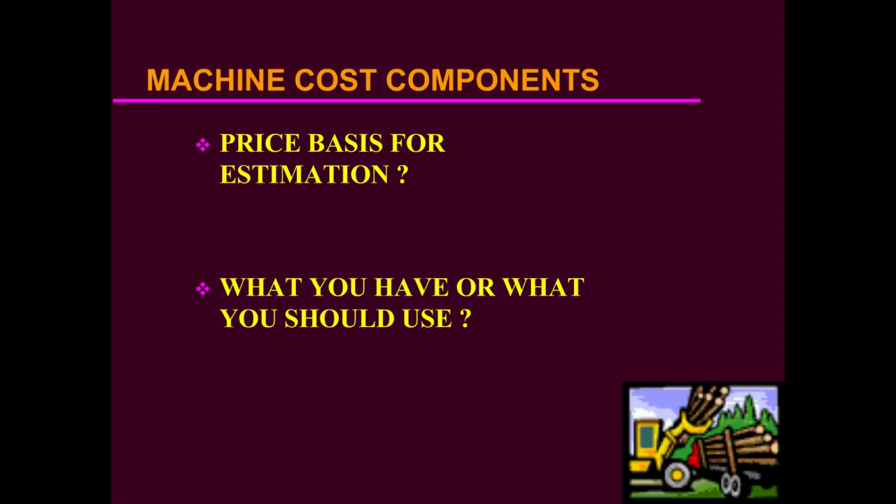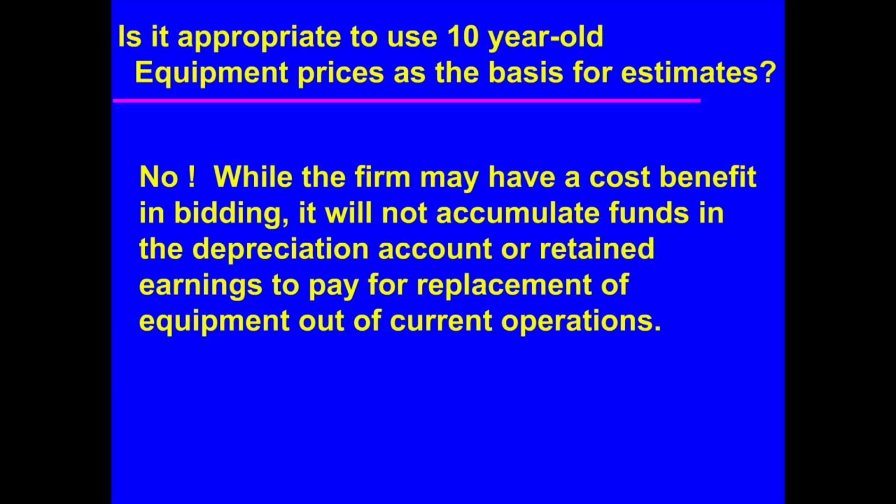And that doesn't really work. If you use 10-year-old equipment prices, you'll get all the bids you want because you're underpricing your equipment. You'll have a bidding advantage. But you won't ever accumulate money in a depreciation account.